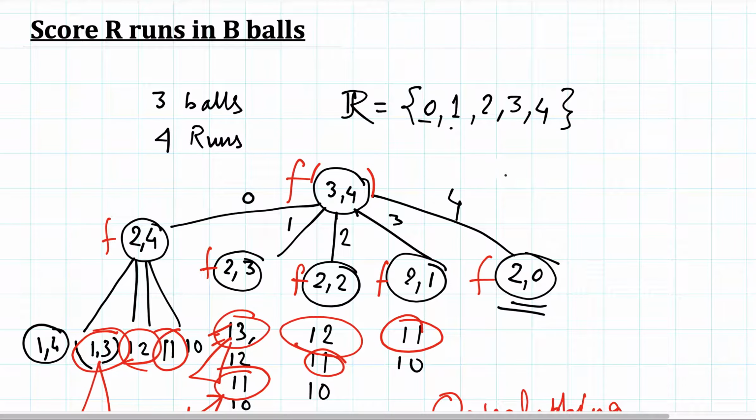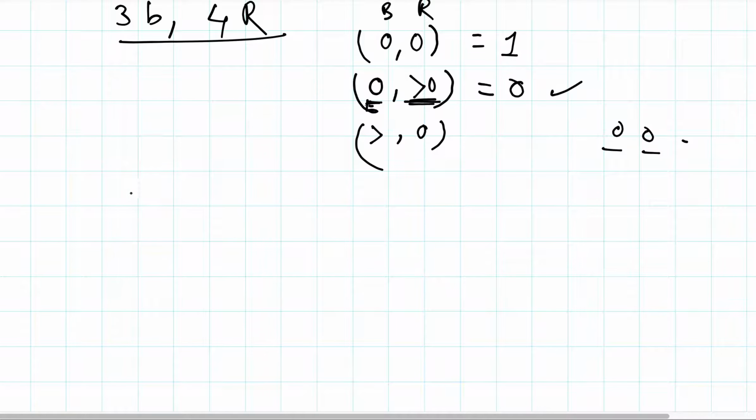That is 0 0 in the remaining balls. Like here, if we have 3 balls and 4 runs, then we can score either 4 in the first ball, then play the next 2 balls 0 0. So here, after 1 ball, we had already scored 4 runs, so we had to score 0 runs in 2 balls, so we will score 0 0. Then we can have 0 0 4, then 0 4 0. So this is 3 way.